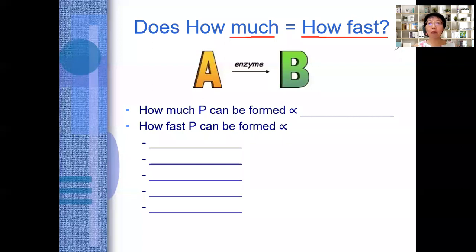Does how much equal to how fast? Now say, for example, I ask two of you to dissolve sugar into water. You use the same volume of water, same temperature of water and same concentration of sugar. But one of you uses cube sugar, and the other person uses fine sugar.